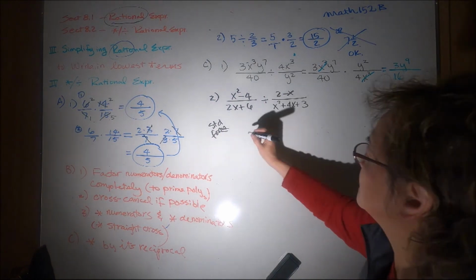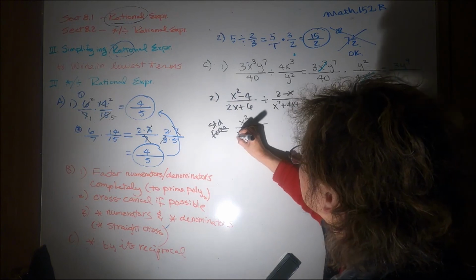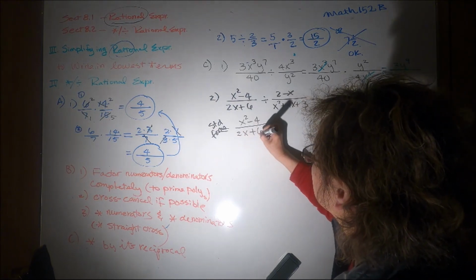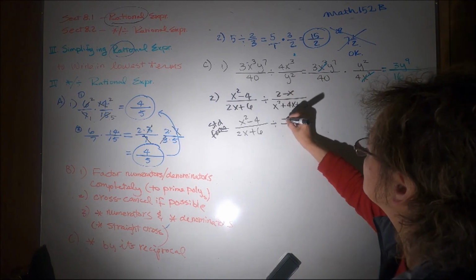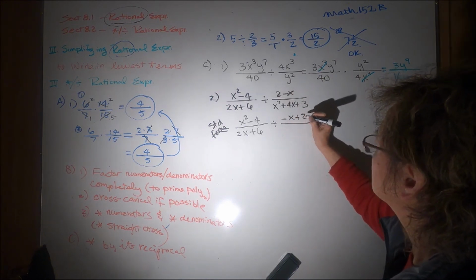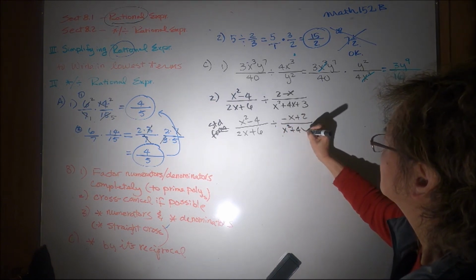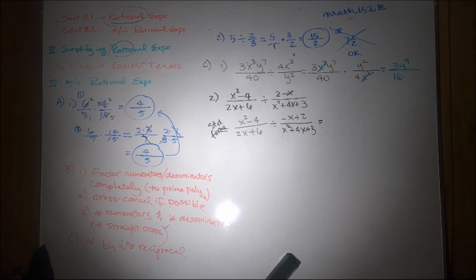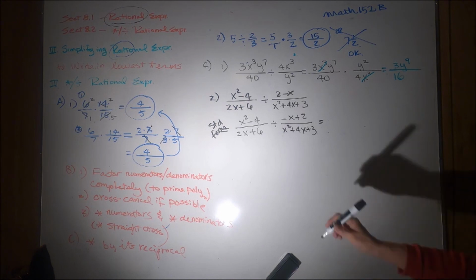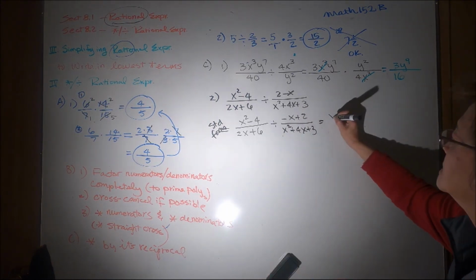Always write it in standard form before you factor the polynomial. And for this one, you switch it around: negative x squared plus... Then we multiply by its reciprocal.